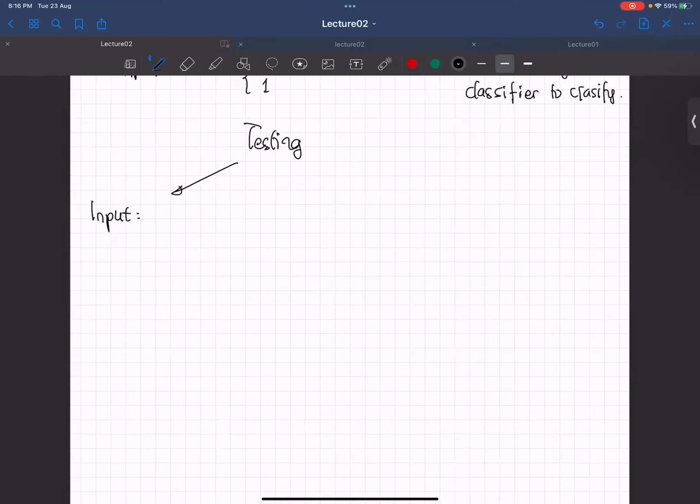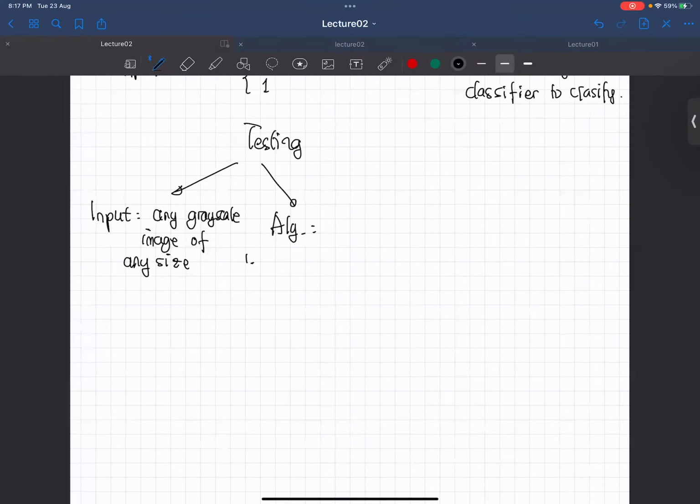Any image, any grayscale image. Any here means any size.